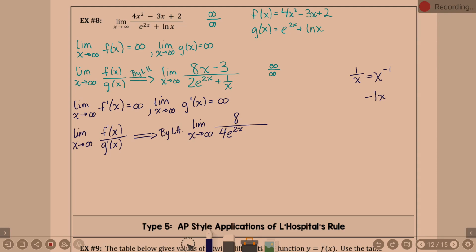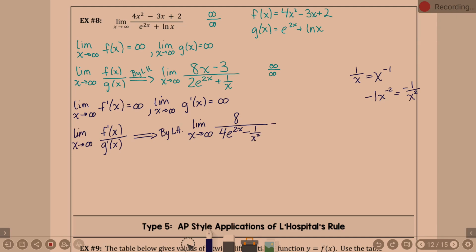So negative 1 over x squared. The derivative of x to the negative first, that's power rule. Negative 1 times x to the, subtract 1, negative second, or negative 1 over x to the second. So minus 1 over x squared.